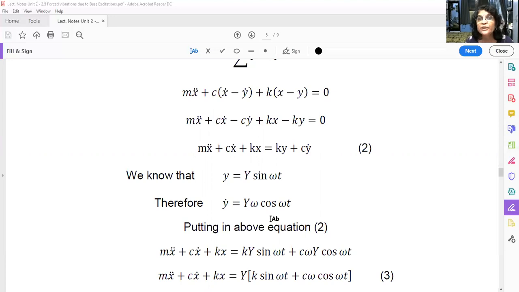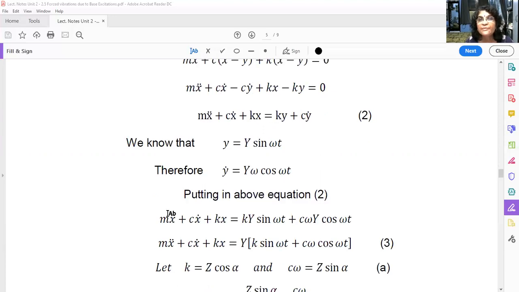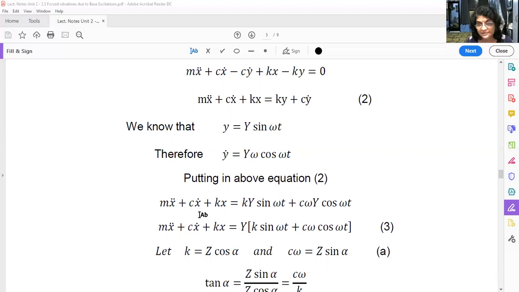Putting the value of y and y dot into equation 2, what we will get: m x double dot plus c x dot plus k x on the left-hand side is equal to k into capital Y sine omega t plus c omega Y cos omega t.